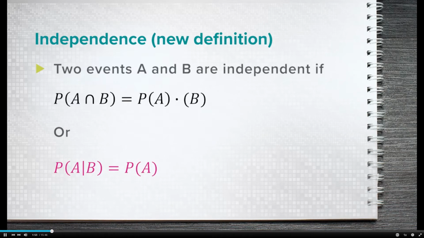We won't address the second part, which is talking about conditional probabilities, in this lesson. We will address that in another lesson. But we will talk about the first one: the probability of A and B equals the probability of A times the probability of B. So what I want you to start thinking about right now is, if I ask you if two events are independent, I don't want you to say, yes, they're independent because they have nothing to do with each other.